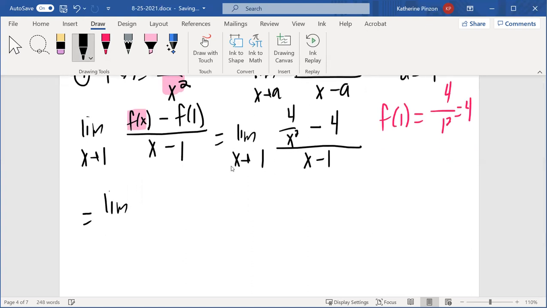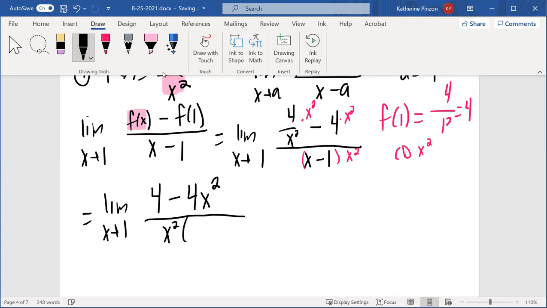All right, what do you think? Yeah, make a common denominator. The only denominator that's there is x squared, so I'm going to multiply every term by x squared. When I multiply in the top, I get 4 minus 4x squared over x squared times x minus 1.